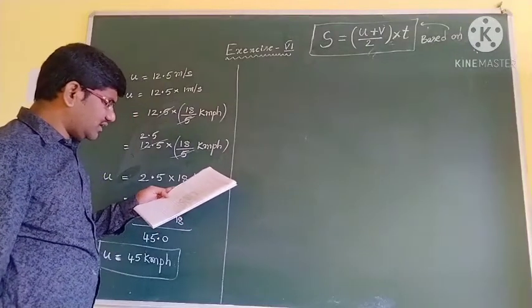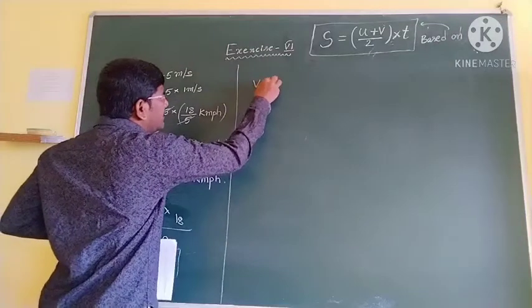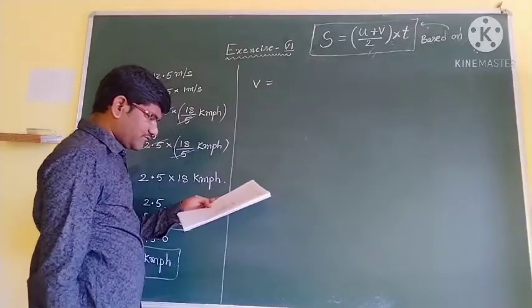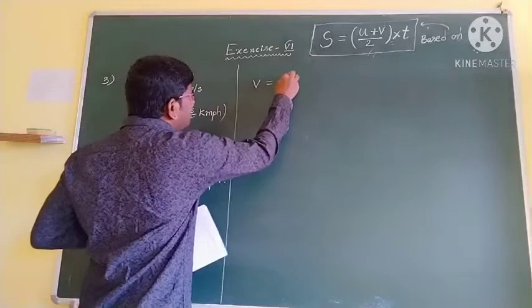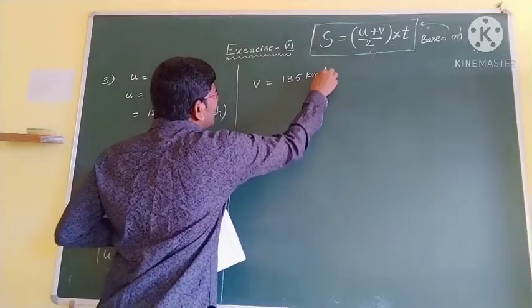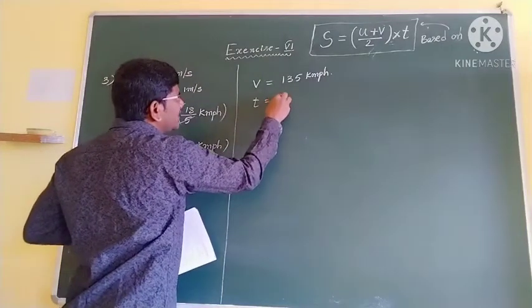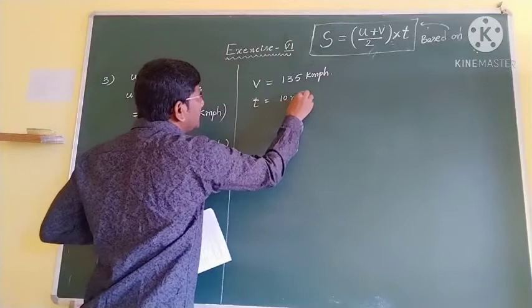And if the car takes 10 minutes, the final velocity they have given is 135 kmph, and time t is equal to 10 minutes.